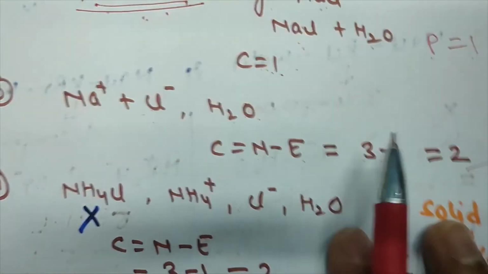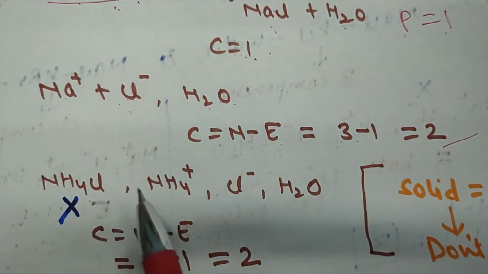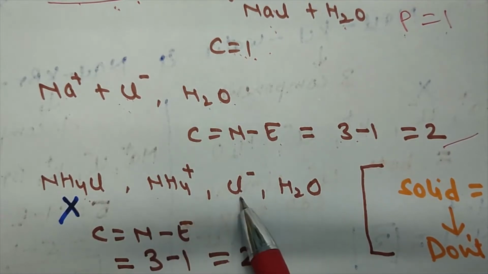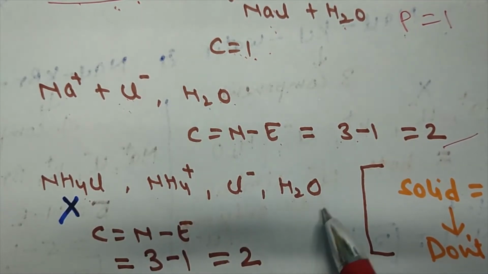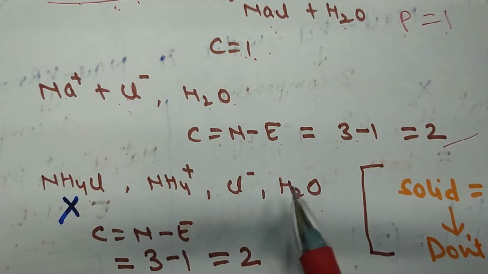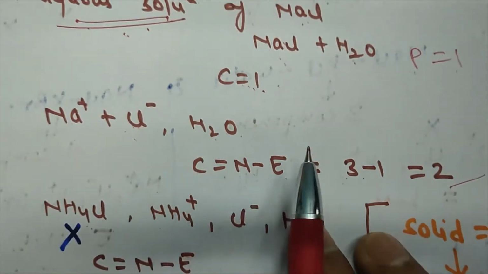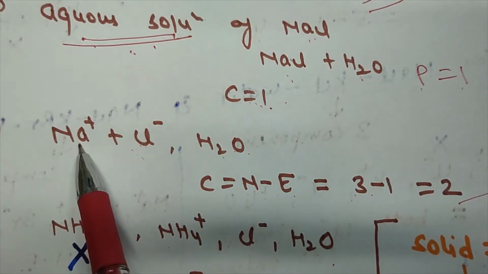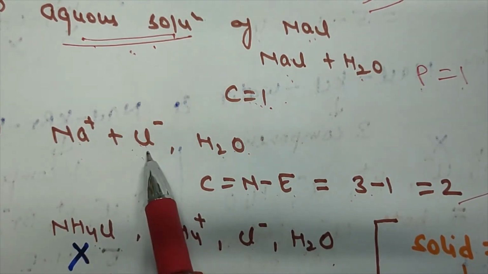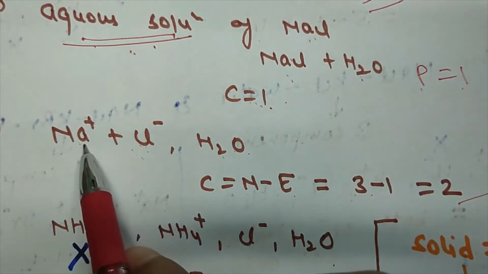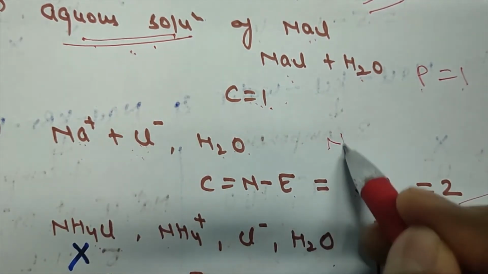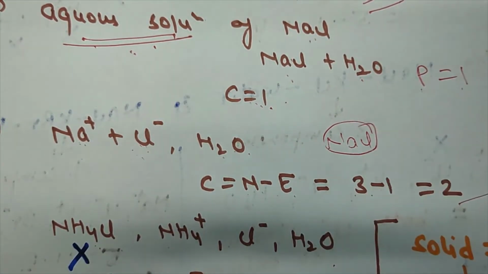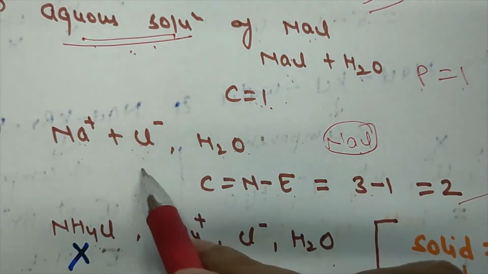Now this one is given in your question. It is also very important. NH4Cl, NH4 plus, Cl minus, H2O. Okay, now what will be the component? See, guys, here Na plus is given, Cl minus is given. You know, when Na plus and Cl minus combine, they will form NaCl. Clear? But here NaCl is not mentioned.